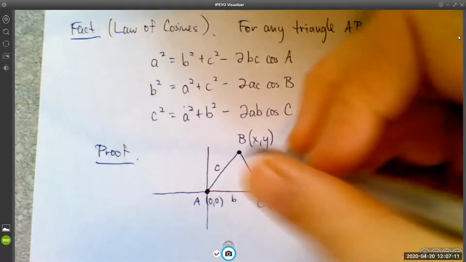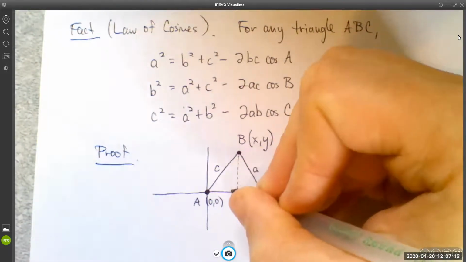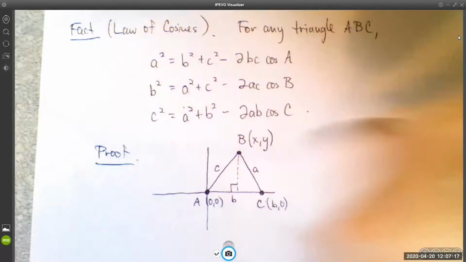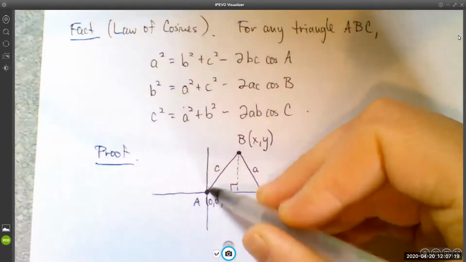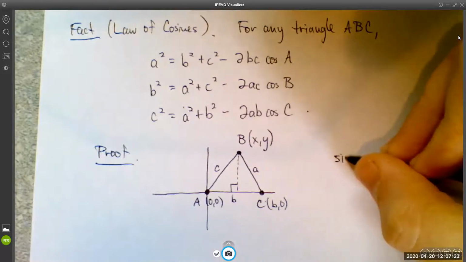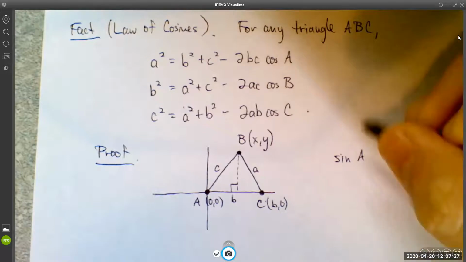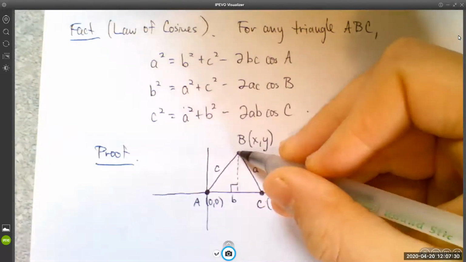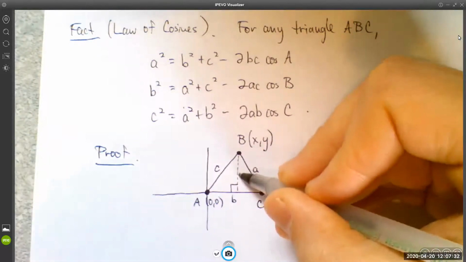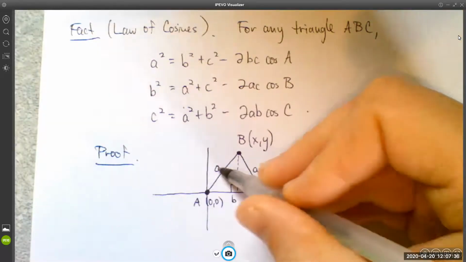So to do that, I'm going to give myself a little right triangle. And then I'm going to look at angle A here. I'm going to say sine of angle A. Well, if this is the point x, y, then this distance here is y, right? So sine of A would be y over c.